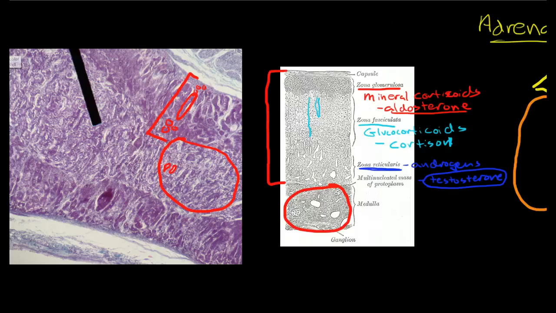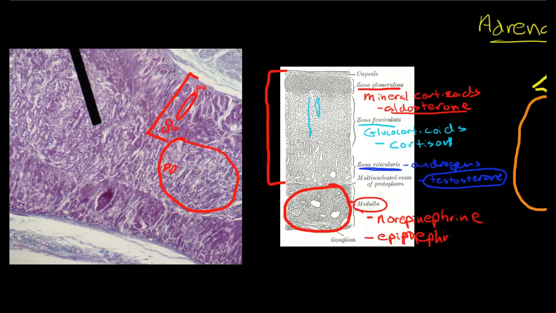Now the adrenal medulla is almost like a separate organ in and of itself. It is made up of neuroendocrine cells, is directly innervated by the sympathetic nervous system, and the cells produce norepinephrine and epinephrine, which are secreted out into the bloodstream.